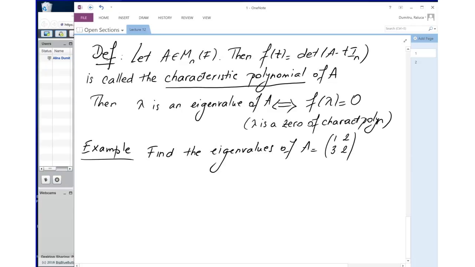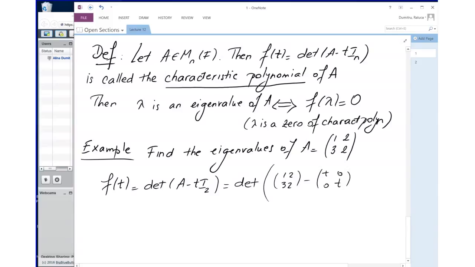Okay, so we need the characteristic polynomial of A, f of t. Determinant of A minus t identity, we're in 2 by 2 right now. So it's basically the determinant of the matrix 1, 2, 3, 2 minus t identity, which is t, 0, 0, t. So we end up with a determinant of 1 minus t, 2, 3, 2 minus t.